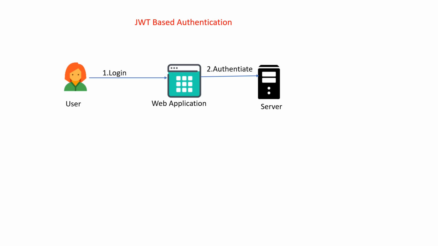The server is going to verify and validate the credentials, and once the user is authenticated, it is going to create the JWT token and sign it. Here you can see that there is no database or caching store. Once the server is able to authenticate the user, it creates a JSON Web Token, or JWT, and signs it with a secret key.